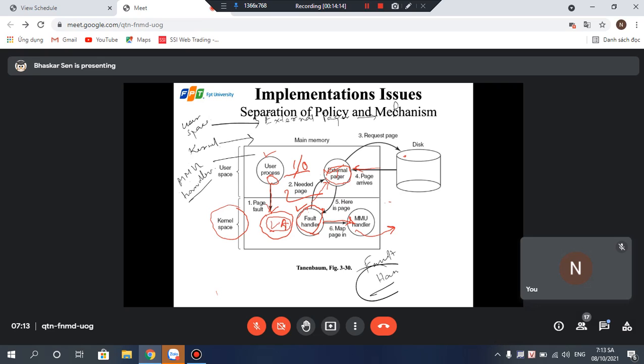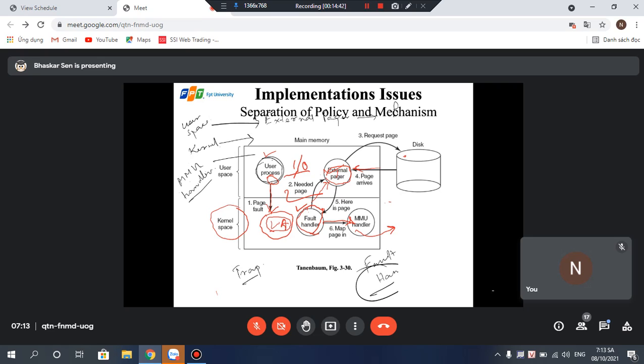So that is the one that we understood, and how it all worked. It all started working right from the top level, the user level, where the user process was running, and it generated a fault. As it generates a fault, that means basically a trap to the kernel.